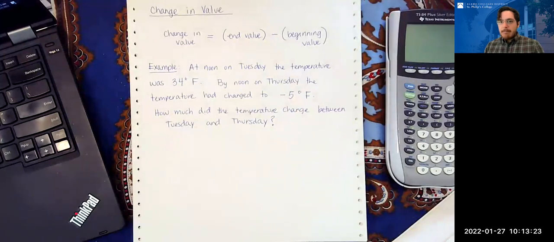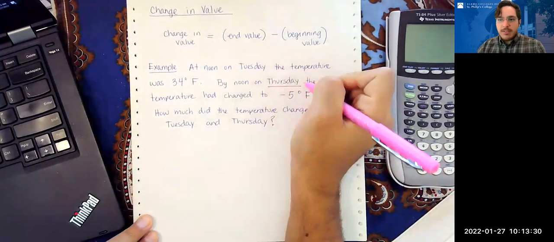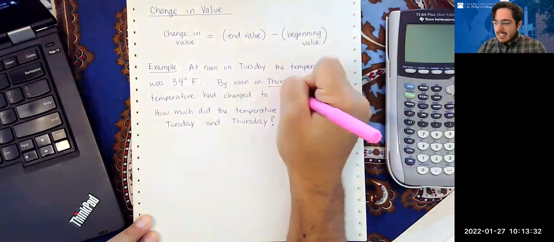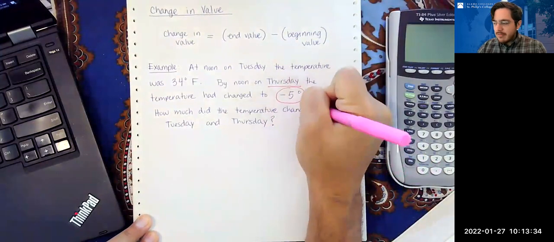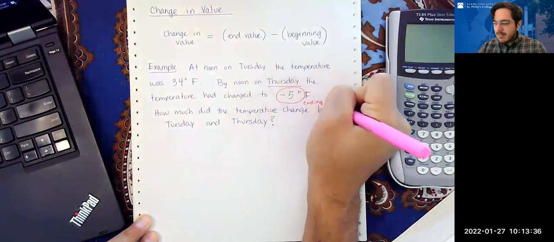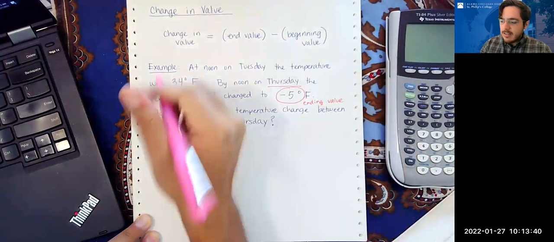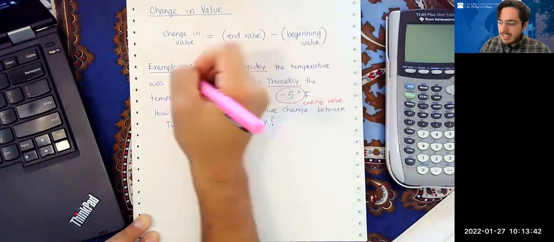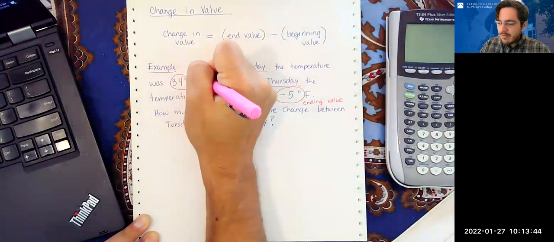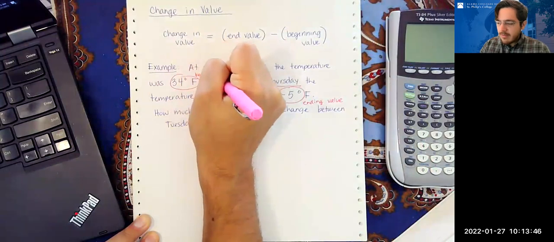Oh, okay, so -5 is the end value. Thursday is the end of the week, so this has to be the ending value, right? And Tuesday is the beginning of the week, so this has to be the beginning value.